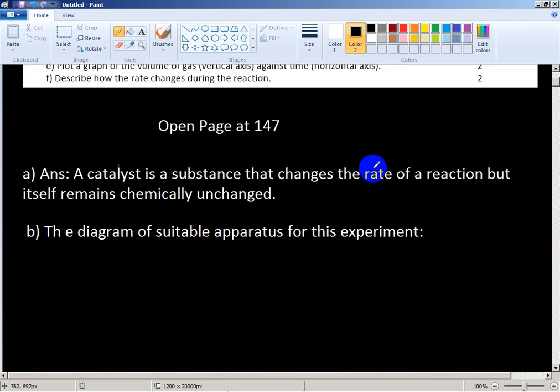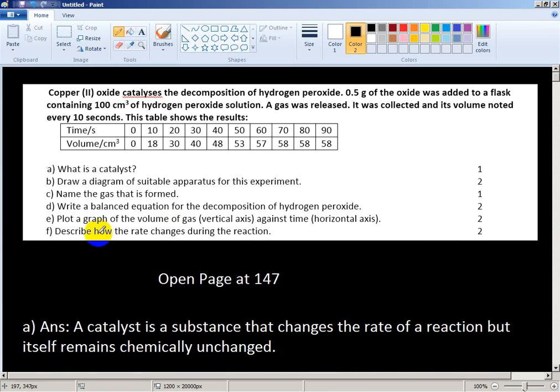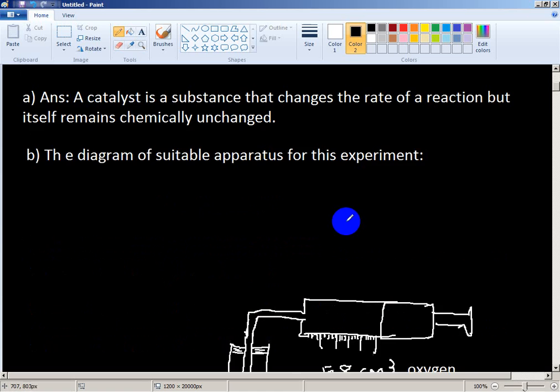Now question number E. Plot a graph of the volume of gas on the vertical axis against time on the horizontal axis. Vertical axis means y-axis, horizontal axis means x-axis.